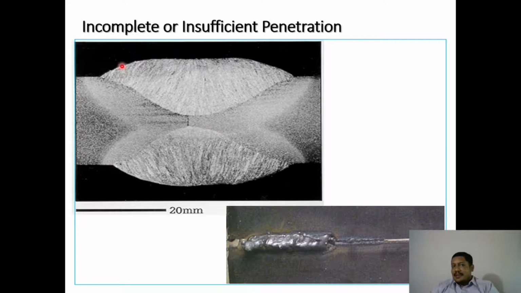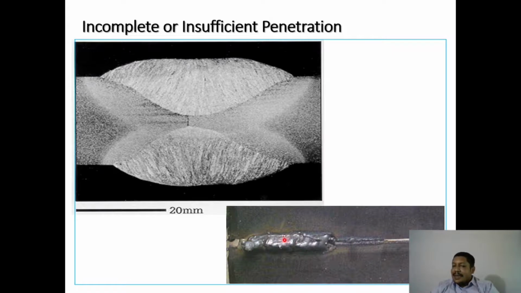Okay, so same is the case. Here no proper penetration is taking place. This is the case of the root of a weld. Here you have not provided a proper root gap, or when I kept this plate it has gone into a tapered condition. The tack welding creates a groove in a tapered condition.